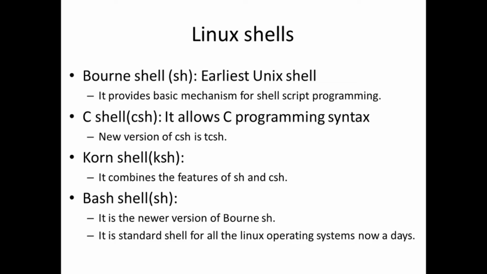So whenever you start Linux operating system, it starts BSH shell, and then the entire work is handled by BSH shell. When you start terminal, it gets started by BSH shell, and when you give any command, it is handled by BSH shell. So that is the active shell in Linux operating system.